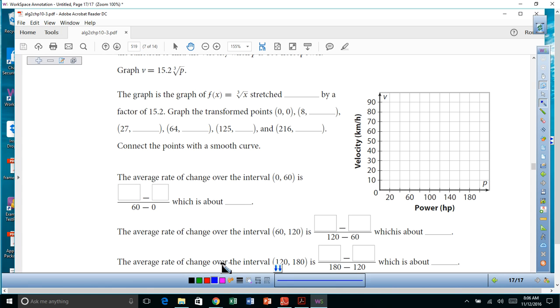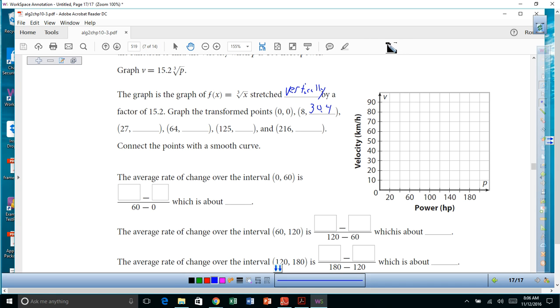The graph is a graph of f of x equals the cube root of x stretched vertically by a factor of 15.2. Graph the transformed points: 0, 0, and then 8. What I did was I just put 8 in there, and I got 30.4.